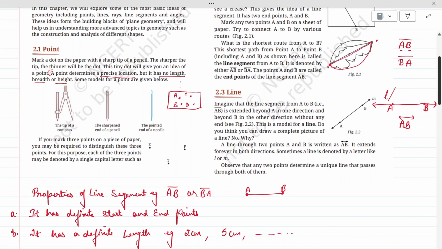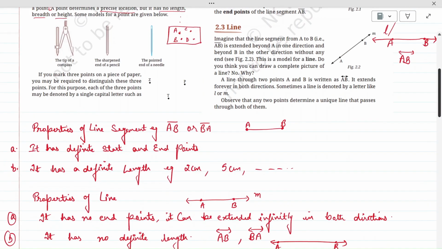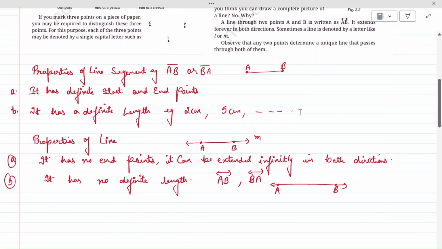And next we studied about the line. What is a line? A line has no end point. If we take a line segment and extend it in both directions, we get a line. So a line doesn't have a definite length, or a definite starting point or end point. We can denote it using M, L or any other small alphabet. These are the properties we studied.